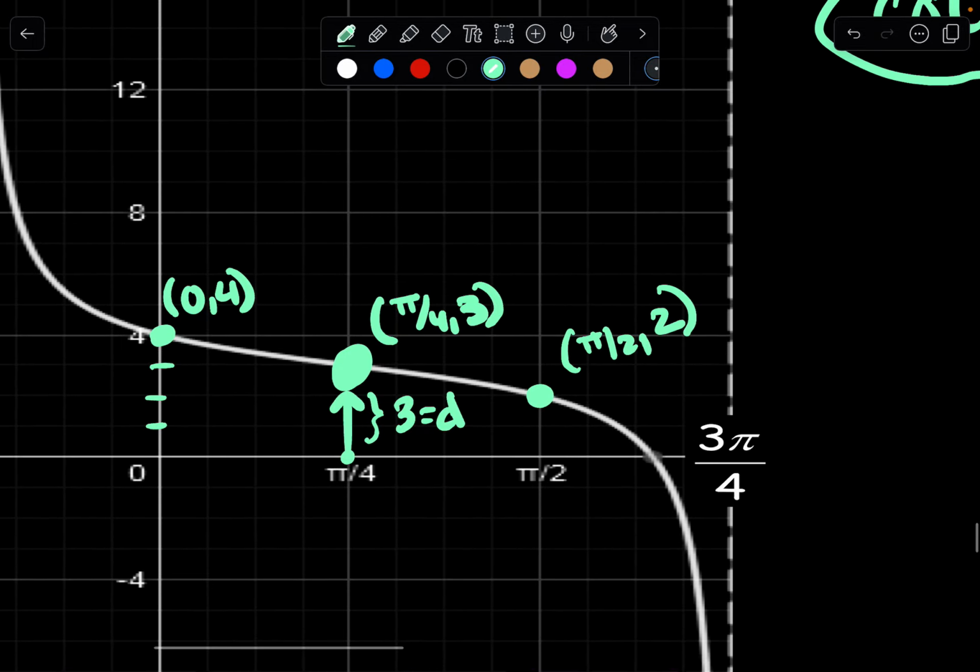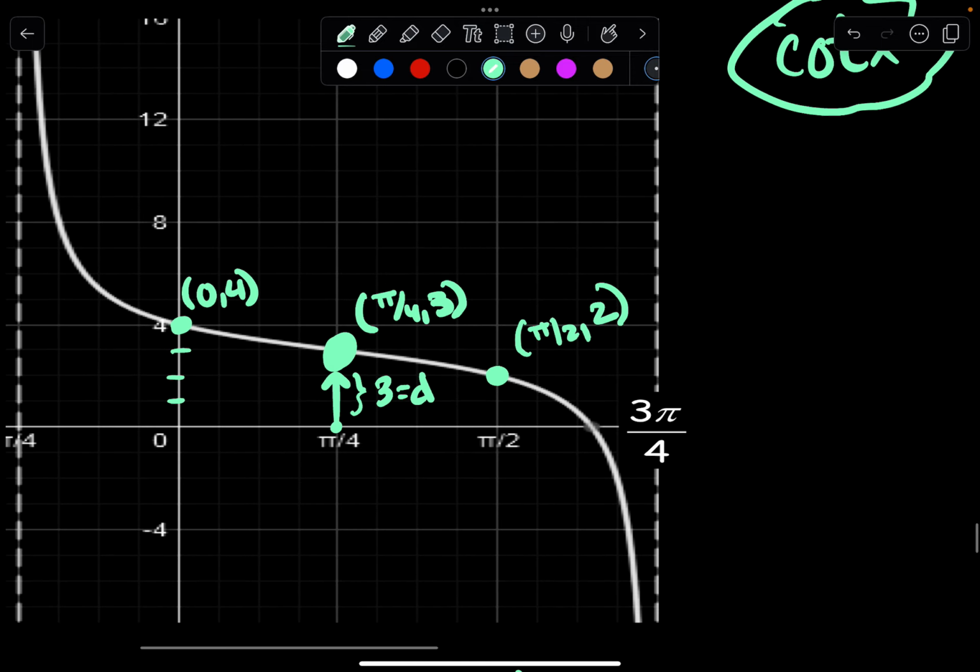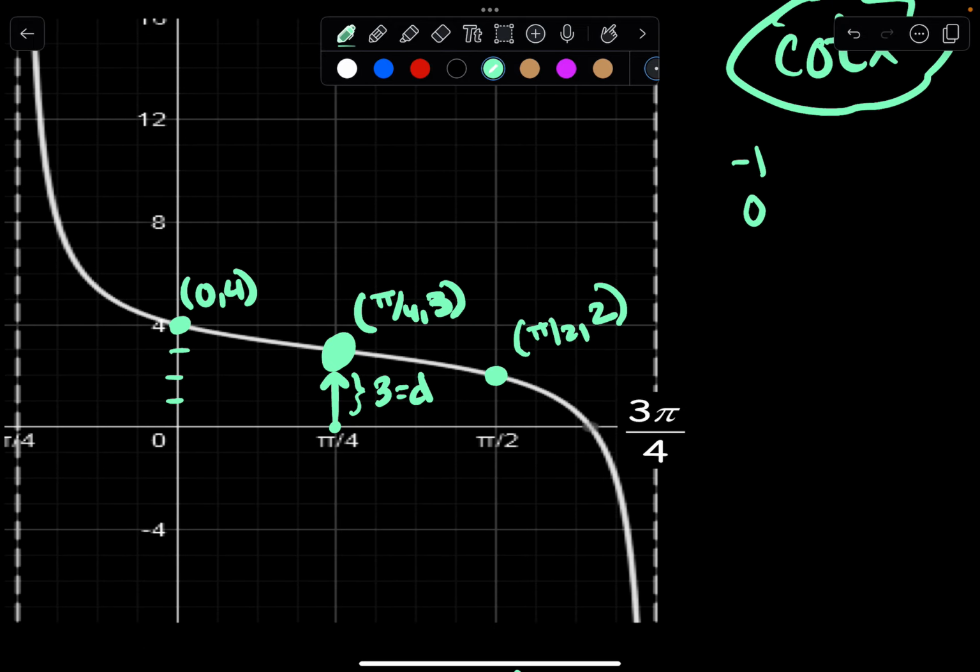So what we talked about before with tangent was that it's going up. It was -1, 0, 1. So it goes up by 1 because it's increasing. For cotangent, it should be going down because it's decreasing. So we should see those outputs with those key points go down by 1. So I have 4, 3, 2.